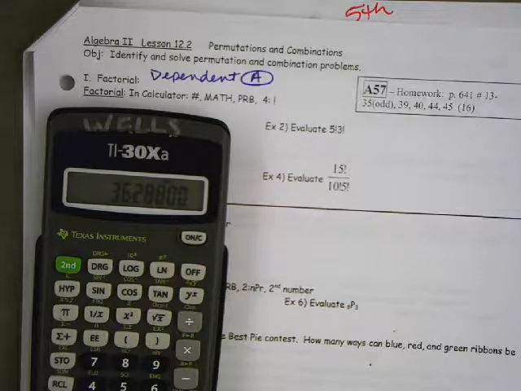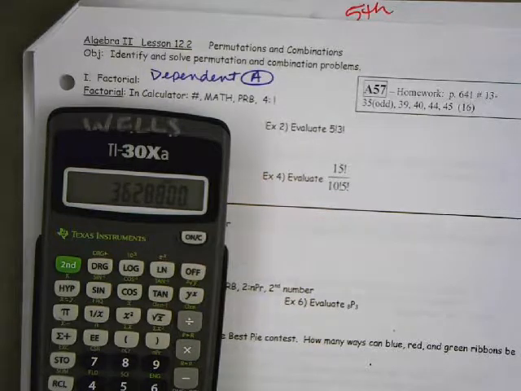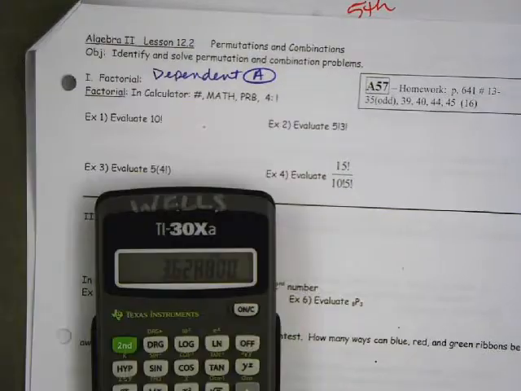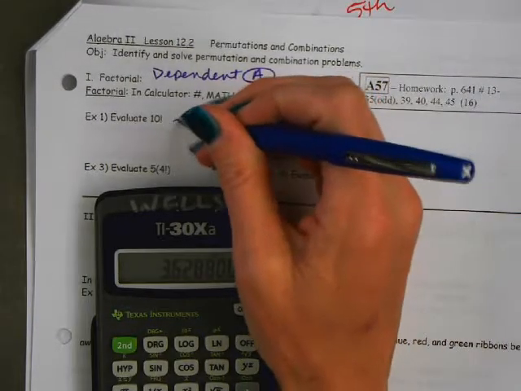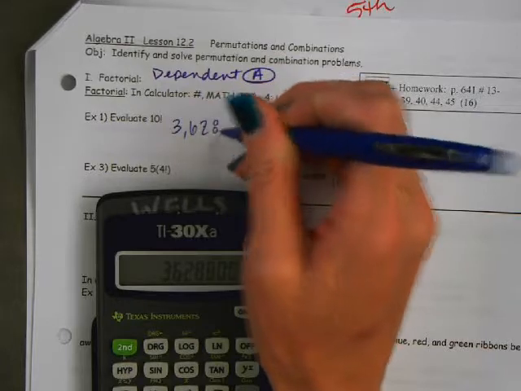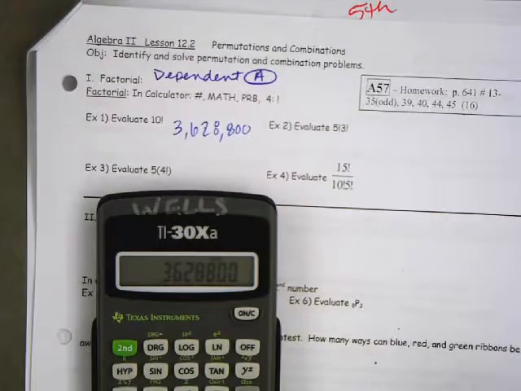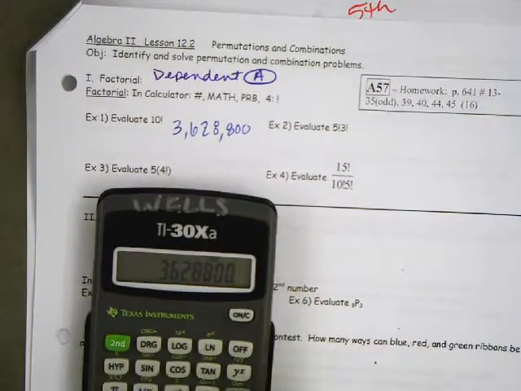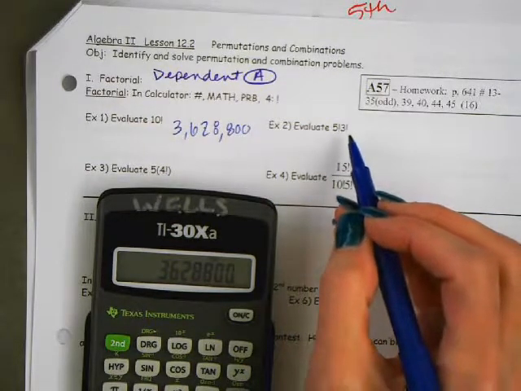You should get a really large number of like 3,628,800. Okay. All right.